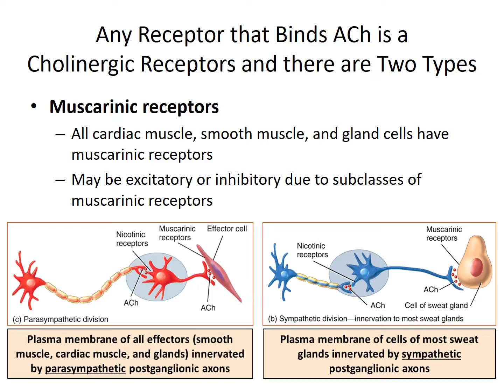Muscarinic receptors are the other type of acetylcholine binding receptors. And these receptors are found on all cardiac muscle, smooth muscle, and gland cells. These muscarinic receptors can have excitatory or inhibitory effects due to the different classes of muscarinic receptors.